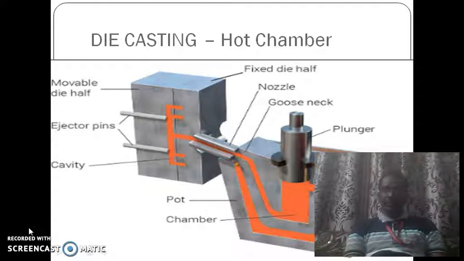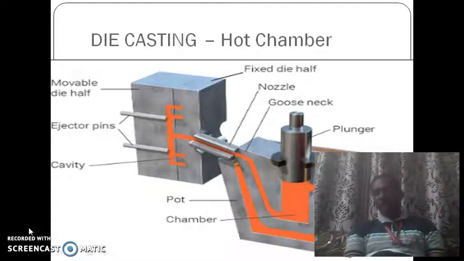Once the hot molten metal enters the die cavity, it is kept idle for a few minutes so that it gets solidified in the die cavity. There is an ejector pin available. The ejector pin is a support pin which helps the movable die half and fixed die half mate with each other and get locked together.